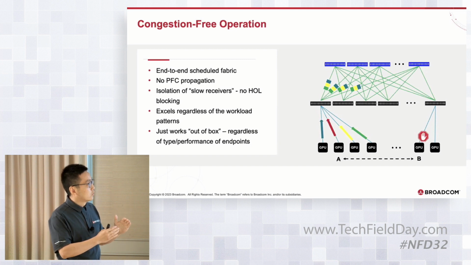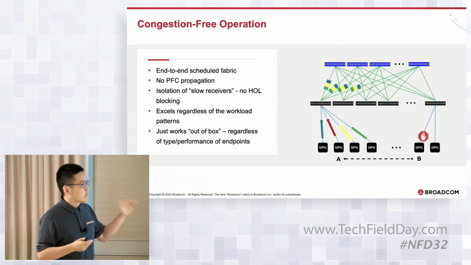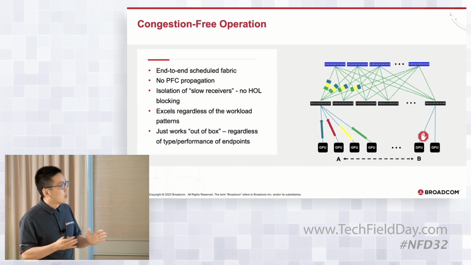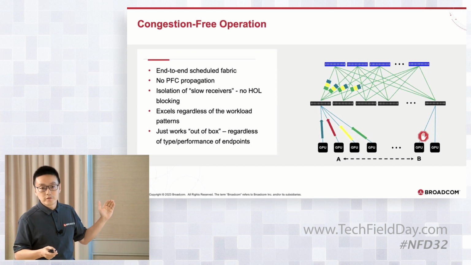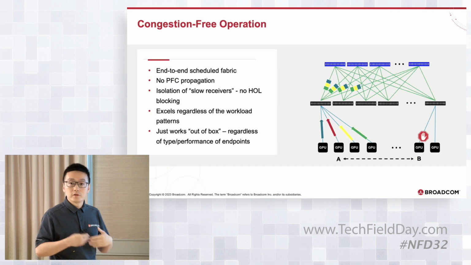Therefore, the red flow will be enqueued in the VOQ of the ingress leaf device. At the same time, it has no impact on all the other flows. As you can see, all the other flows can flow over to the fabric without any hesitation. There's no impact because of the slow drain.